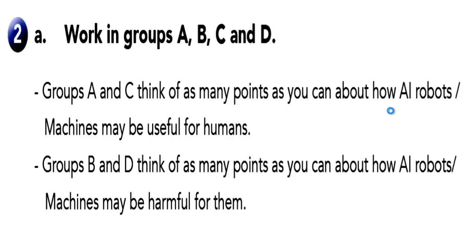For groups B and D, think of as many points as you can about how AI robots, machines may be harmful for them. So here, groups B and D will discuss and present the disadvantages of AI robots, machines, which may be harmful for them.